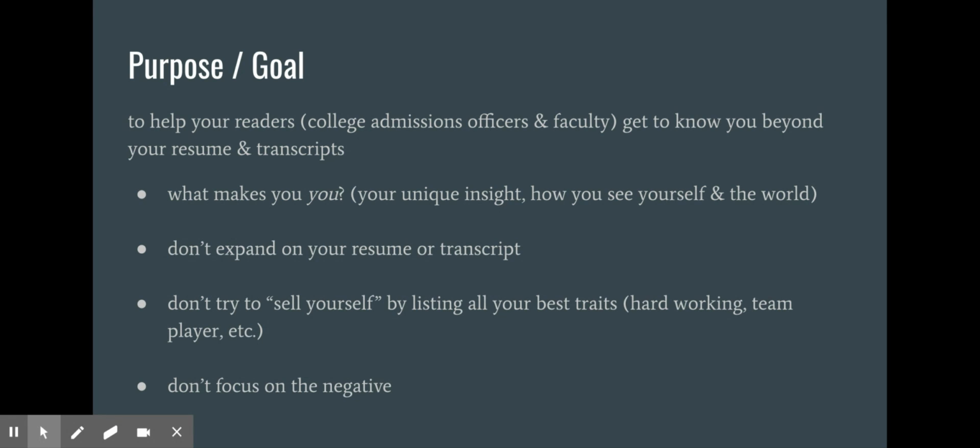Okay. A few other pieces of advice here before we move on. As I said before, the admissions officers are going to get your resume. They're going to get your transcripts, your test scores. So you don't want to use this essay to repeat those things or to list your academic achievements or your work history. Okay, those academic achievements will come through in your transcripts.